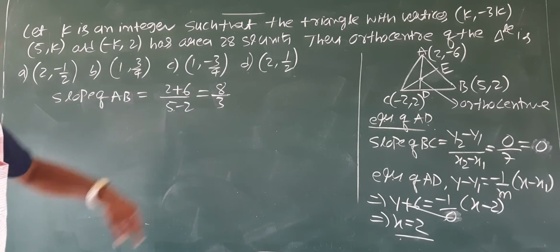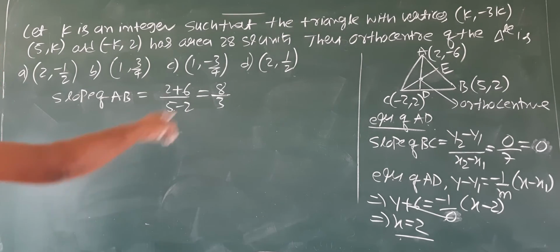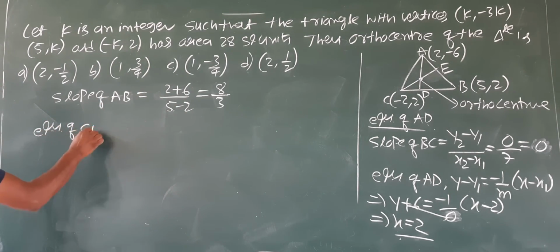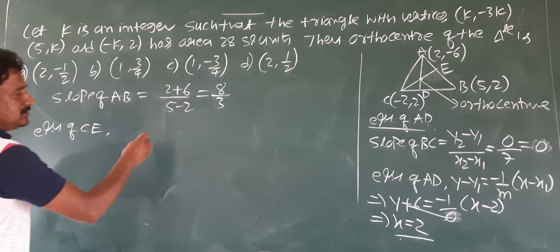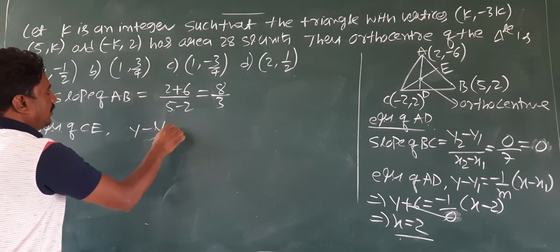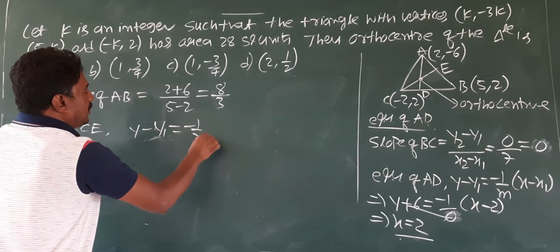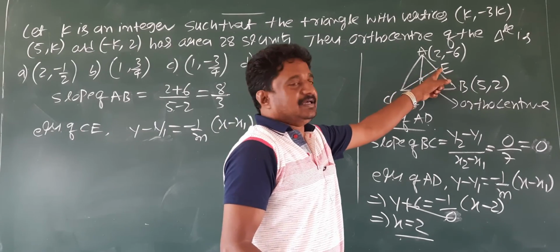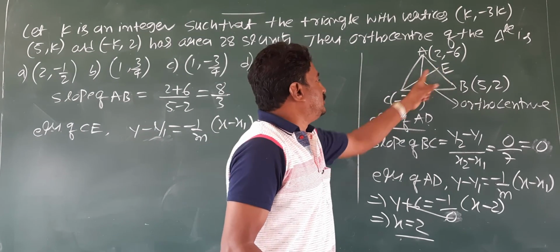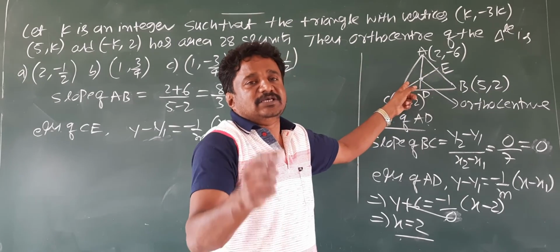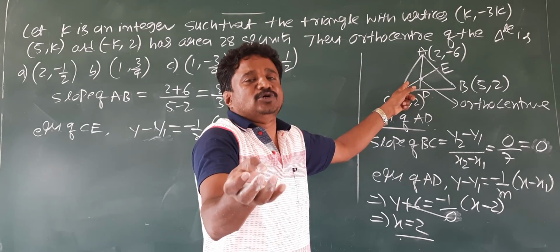Equation of CE: y minus y1 is equal to minus 1 by m into x minus x1. I am trying to find the equation of CE. To get an equation we need a point and a slope.